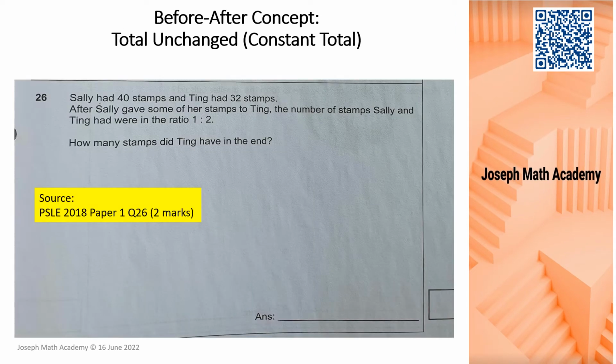To illustrate the before after concept total unchanged on internal transfer, I am using this question from PSLE 2018 Paper 1, question 26. It is a 2-mark question. I have modified, or rather extended, this question for part A and part B. You will have a better idea in the next few slides. Okay, let me begin.